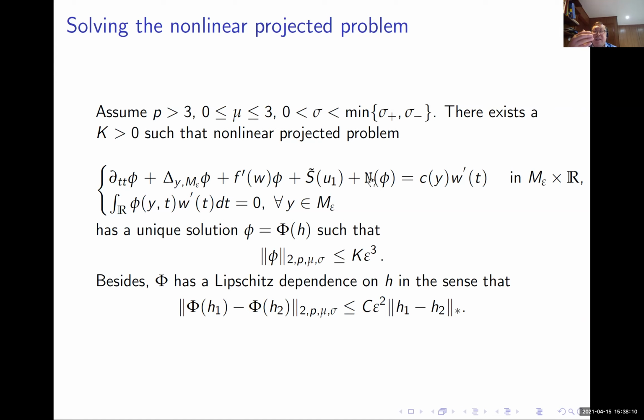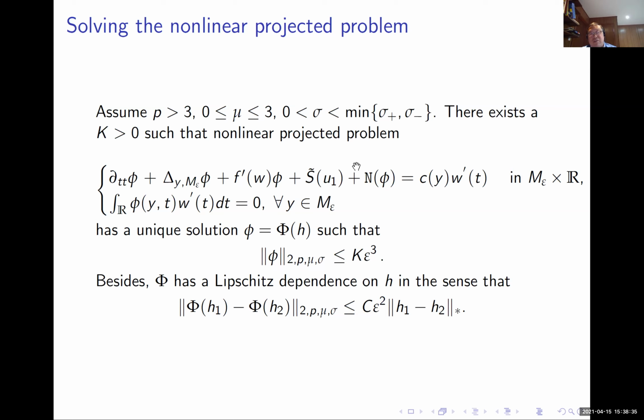And remember that this N of phi also contains the psi of phi, which is from the outer problem. So we have to look at the Lipschitz character of this N term very carefully, because these terms are very delicate, because it's quite non-local.